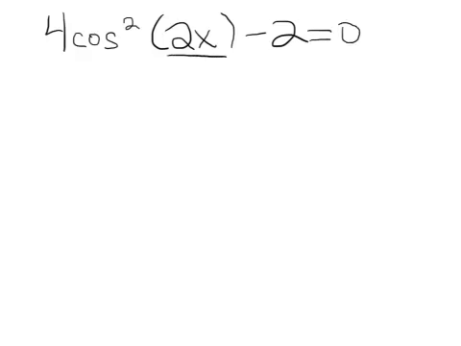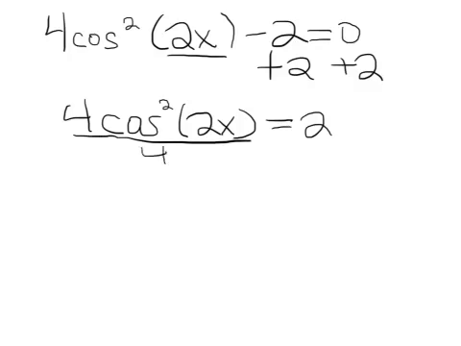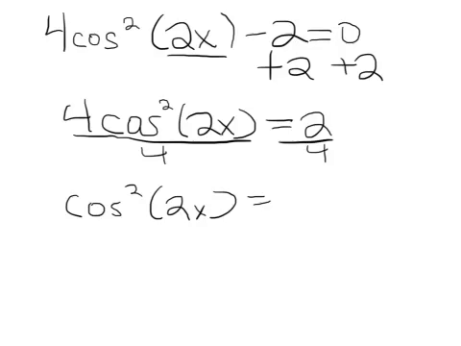Like any other problem, you would add 2 to both sides. So you have 4 cosine squared of 2x equals 2. Then you will divide by 4, so you have cosine squared of 2x equals 1/2.